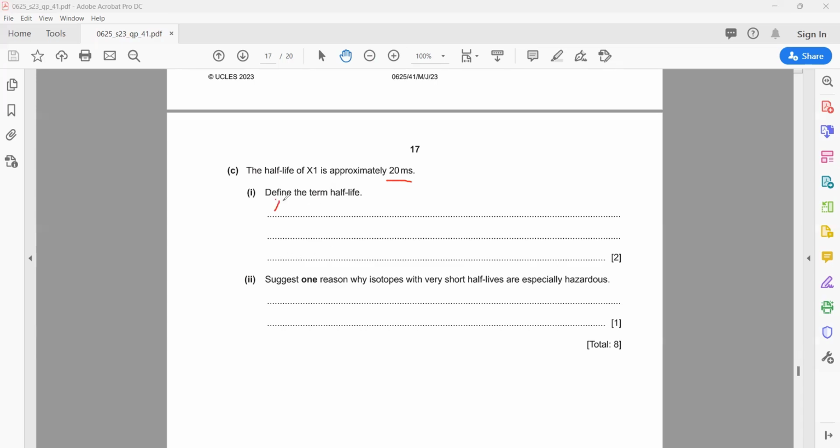You can say it is the time taken for a radioactive isotope for half of the nuclei to decay in a given sample. So whatever sample they have given you, half of the atoms from that sample.